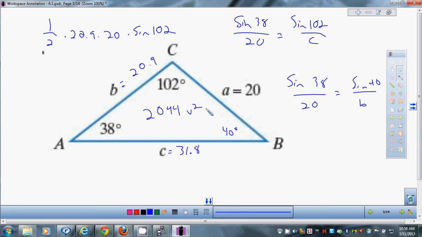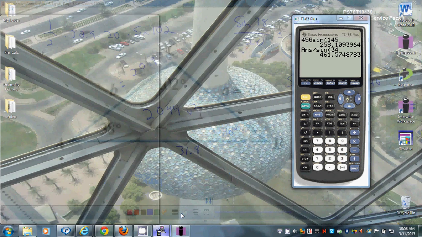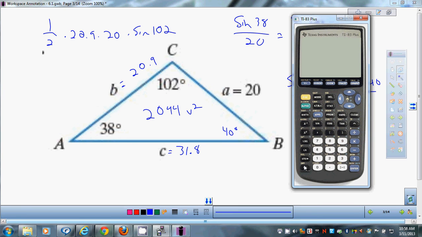Well, I know sine 102 is less than 1, and 1/2 is cutting it in half. Let's see. 20 times 20.9, times 0.5, times sine 102. And I'm also getting 204.4 units squared. No biggie. 204.4.